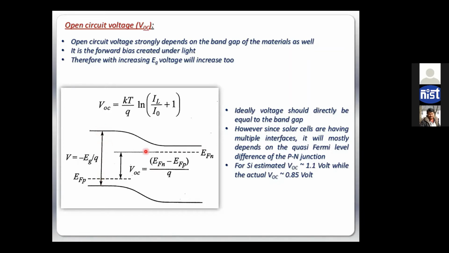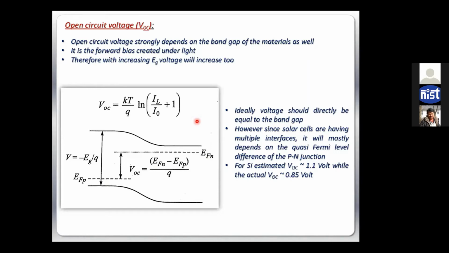We have some losses because P type and N type sides have their Fermi levels, and those quasi Fermi levels will align, and some of the voltage will get lost at the interfaces, but still the experimental VOC that we see in most cases is the gap of the quasi Fermi levels of these two materials, and the quasi Fermi level again strongly depends on that particular material's band gap. So even if we call VOC as EFN minus EFP by Q, that EFN and EFP will broaden if the band gap broadens, right? So they are still proportional.